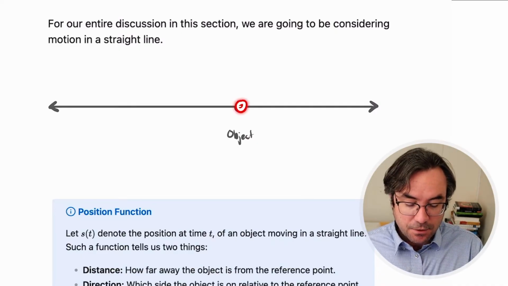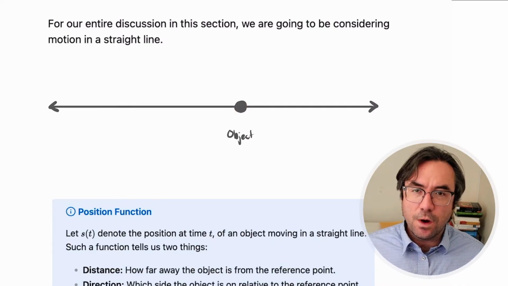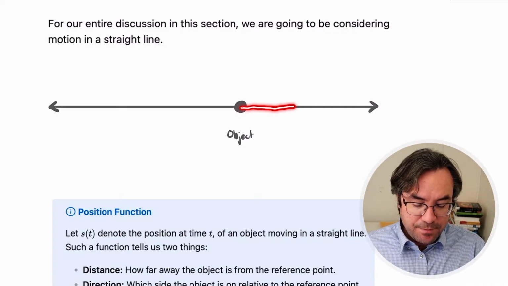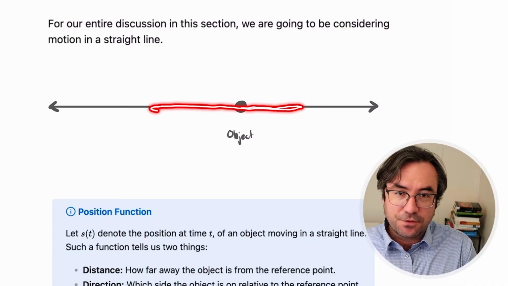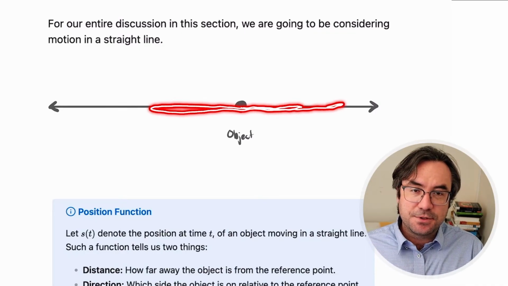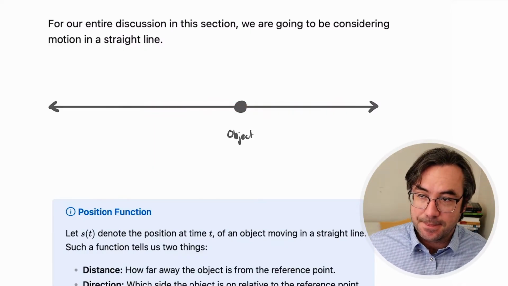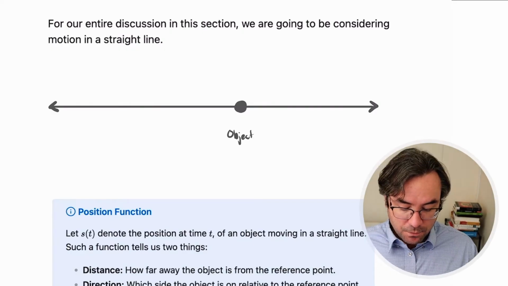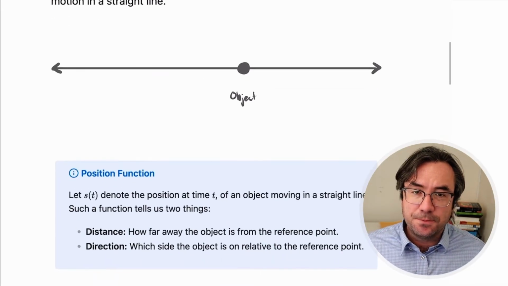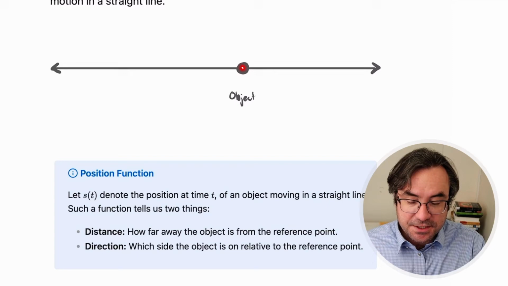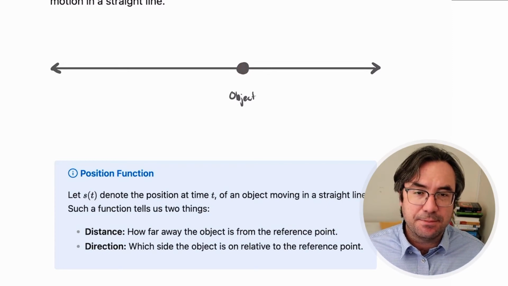So we have this one object, and maybe it's moving back and forth and just bouncing around and traveling along this straight line. All right, so what our position function is going to do is it's going to tell us where this object is at any time.